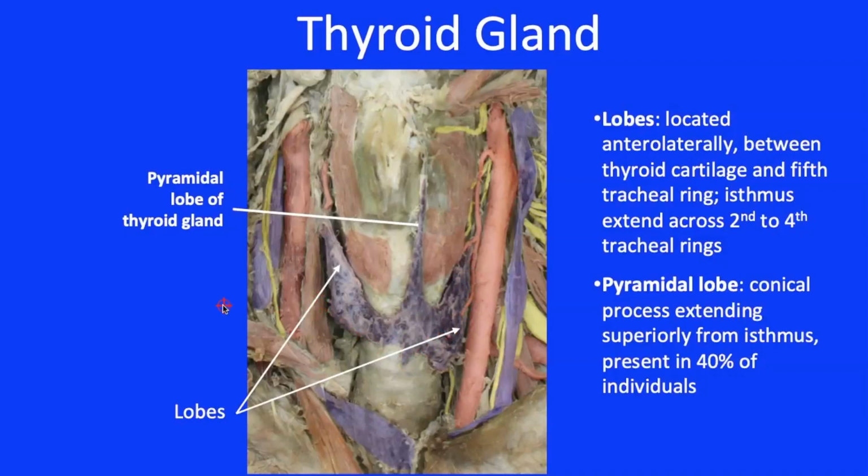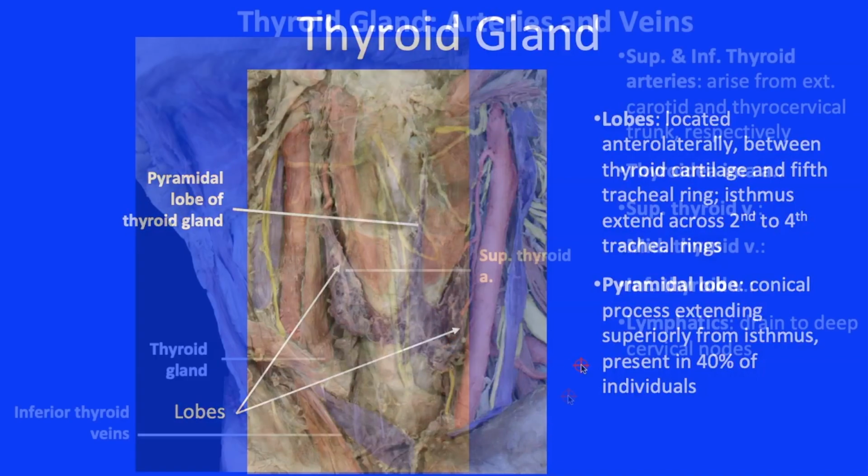The thyroid gland is positioned below the thyroid cartilage and above the fifth tracheal ring. In over 40% of individuals, there is a pyramidal lobe, as present in this individual.